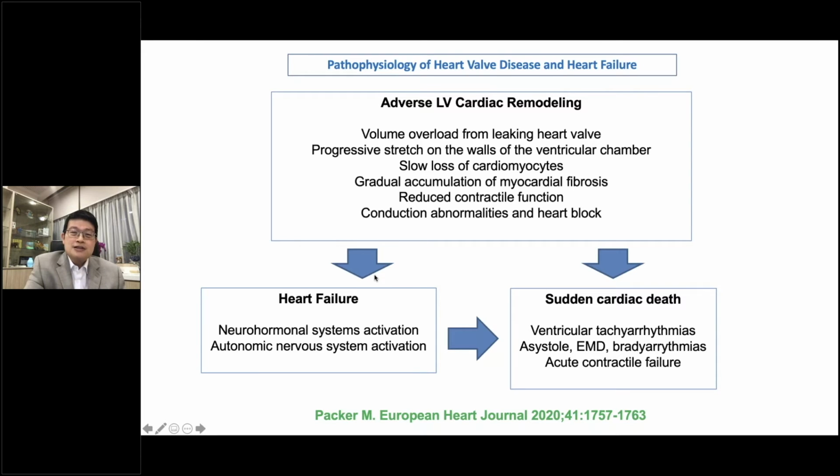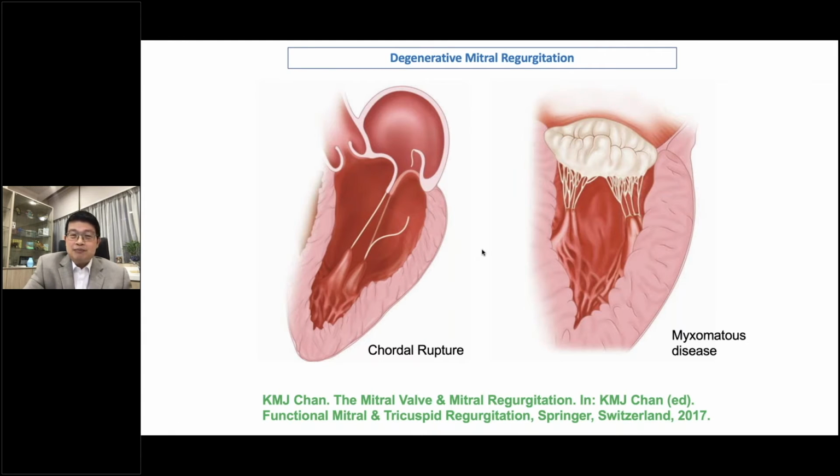So the whole point of management of these patients is to interrupt this cycle, preferably to prevent all these processes from occurring. The earlier we intervene to stop these processes, the better the outcome for the patient. What has happened in that patient typically is what is shown here. A cord of the posterior leaflet has ruptured, and the patient has developed mitral regurgitation.